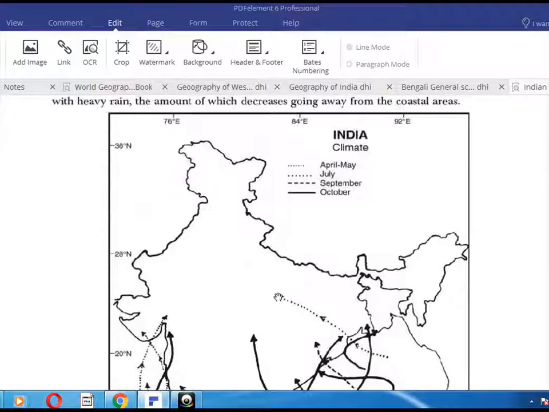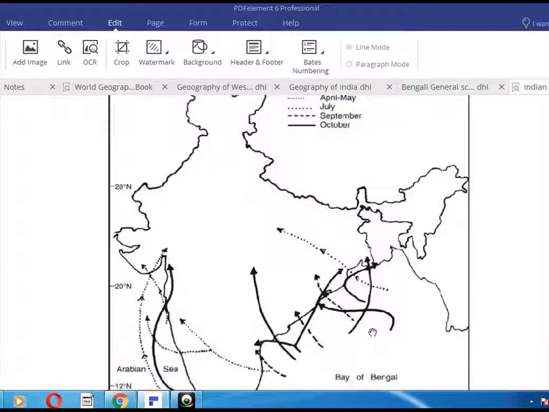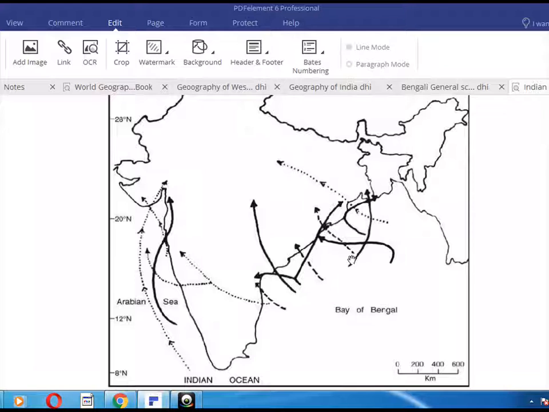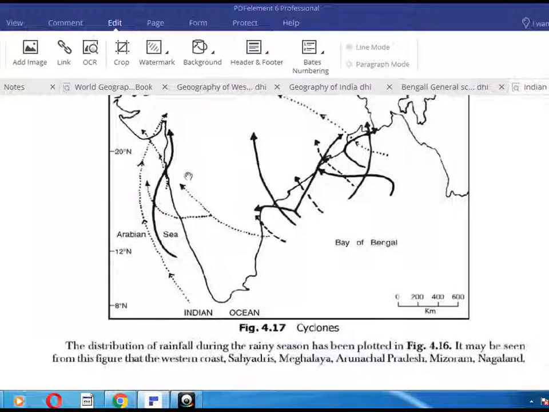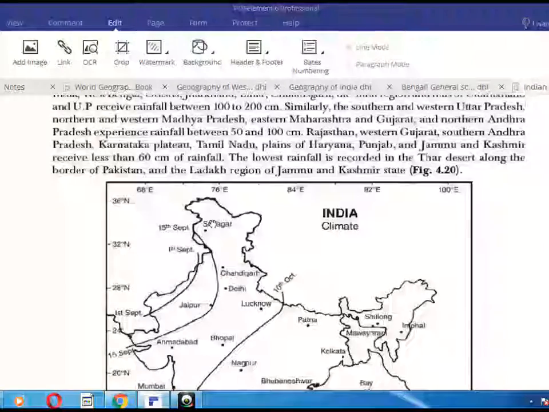You can see them especially in the Eastern Ghats and especially our northeast India region, and especially eastern India and southeastern India. And some come here, to the western parts.